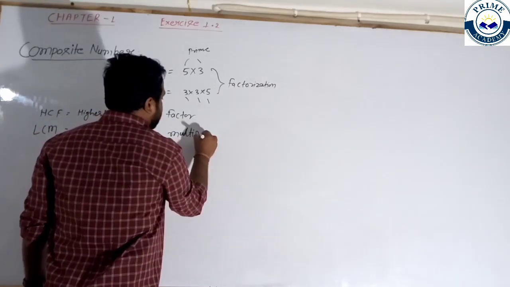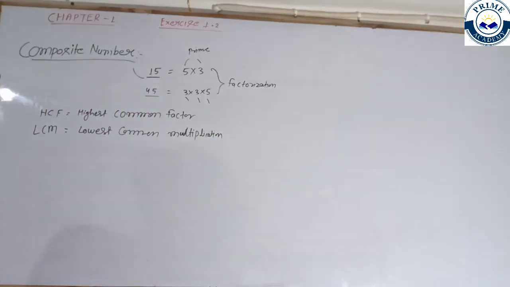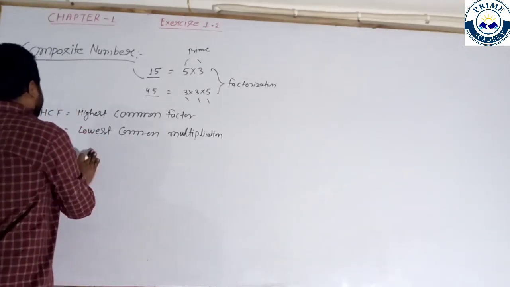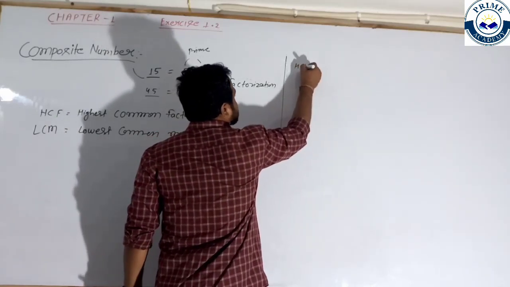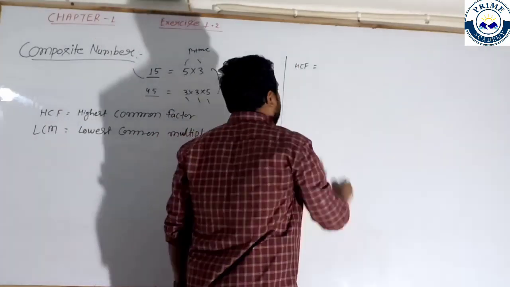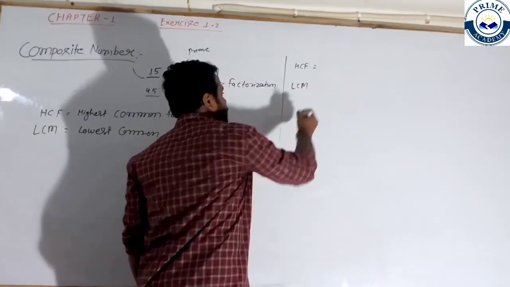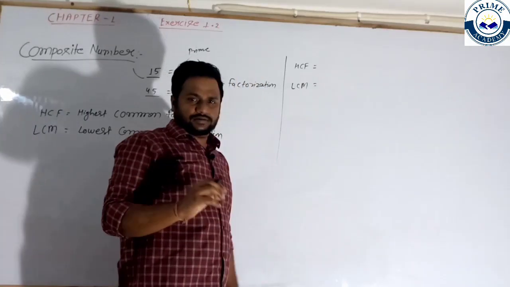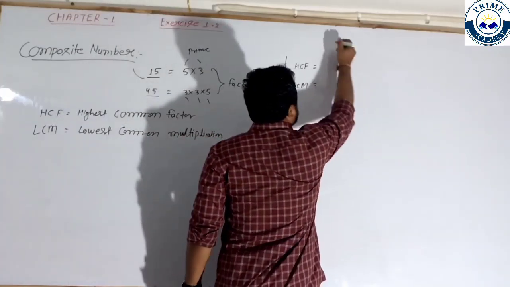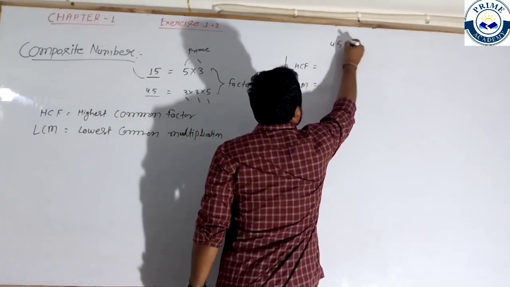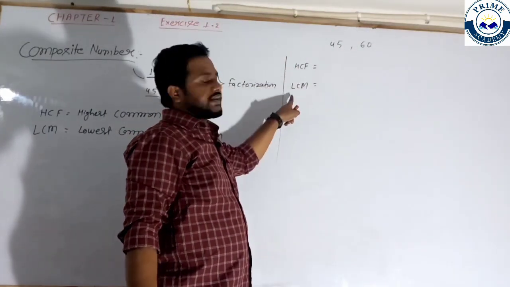We have to learn how to calculate these two terms from any given two numbers or three numbers. Suppose I have taken 45 and 60. For these two numbers we have to calculate HCF and LCM.